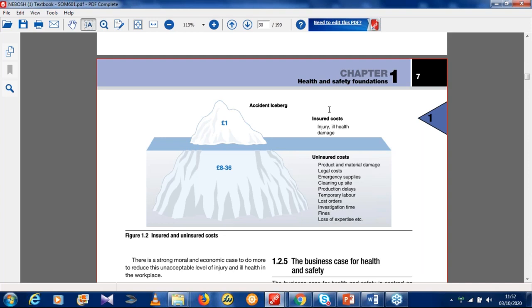Look at the cost of repairing equipment if there's an accident and you have to repair your equipment as a result of the accident, or you have to incur medical bills for treatment of the personnel involved, or even the first aid itself, you have to make use of some items. Or sometimes you even have to compensate the families of people who died in the course of their work.